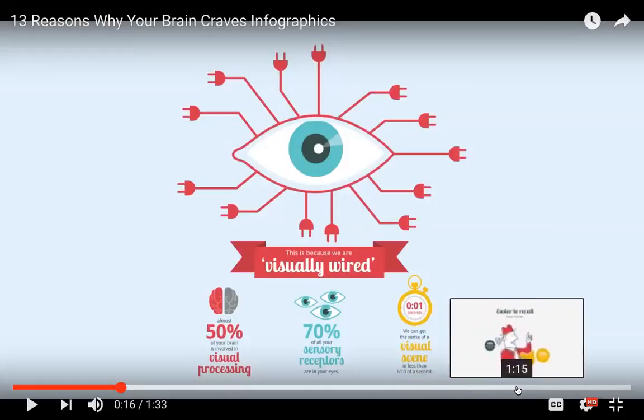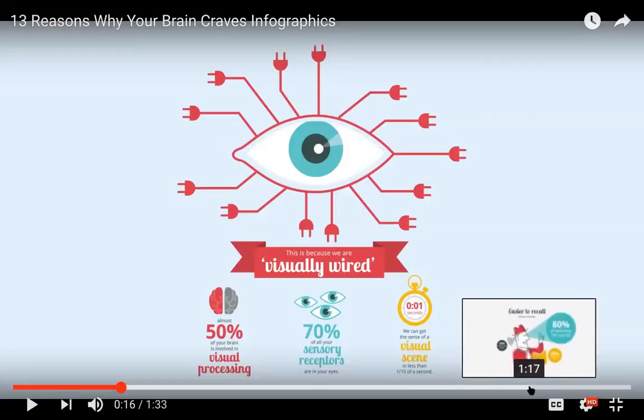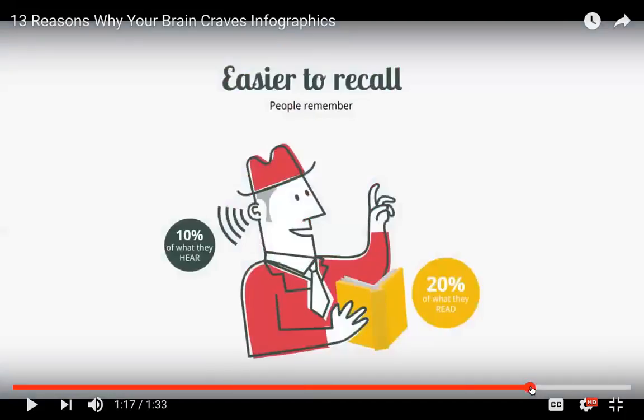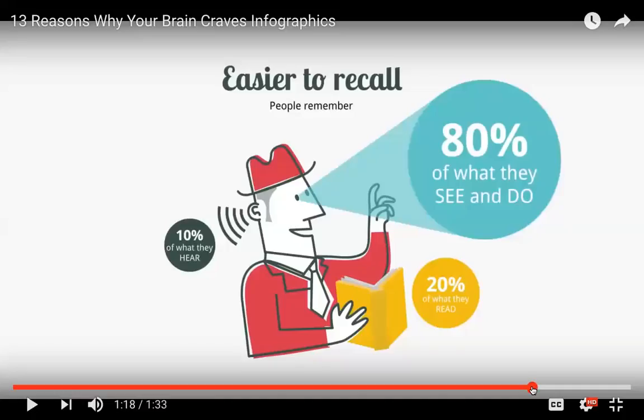Let's see. How about this slide right here? Yeah, the one with the eye that showed how visual you are. Think about this slide right here. What's it doing? What's it showing us?